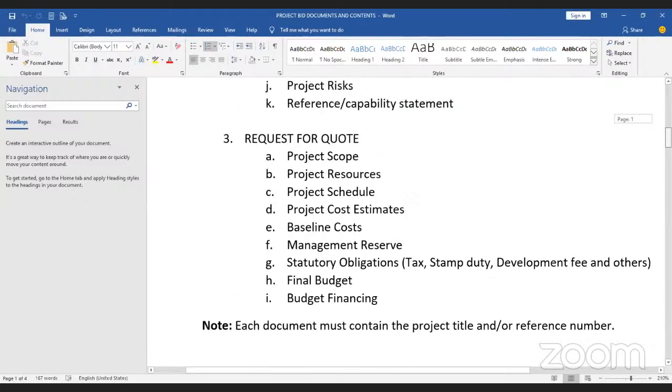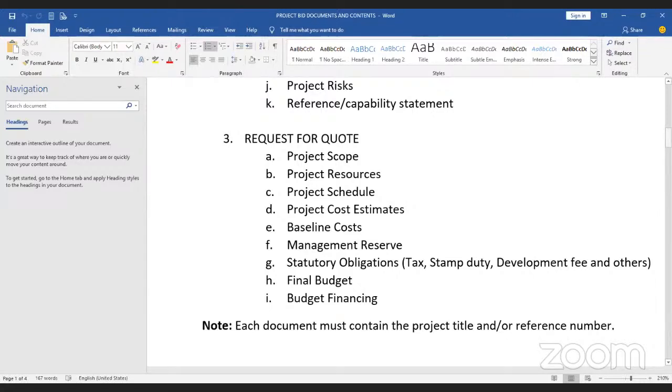And then the last one is request for quote. Sometimes some organizations will tell you, send us your expression of interest or your request for information. You send that, they go through it, they say, okay, let's get to know what you can offer. Send us your proposal, you send the proposal. You say proposal without financials. You send your proposal, which is what we refer to as the technical bid.